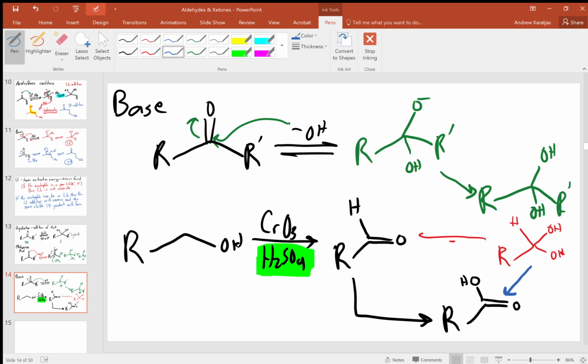And so what we're doing here is basically taking advantage of Le Chatelier's principle in that, even if only 1% of the hydrate forms, that little bit of the hydrate gets oxidized. And that means then we push that equilibrium a little bit to the right and we form more of the hydrate. Again, that gets oxidized, and eventually over time we end up with full oxidation to the carboxylic acid.